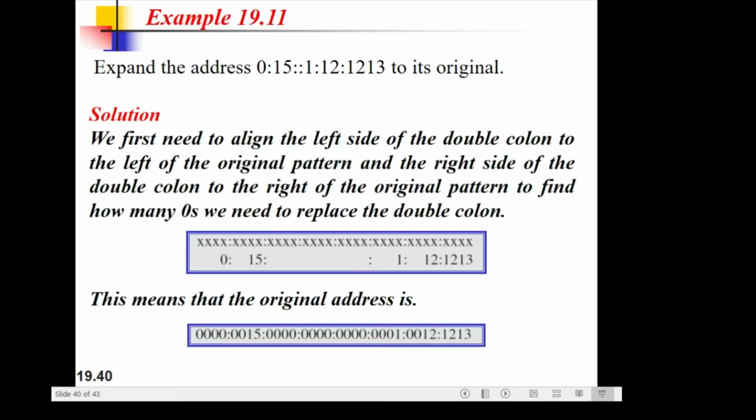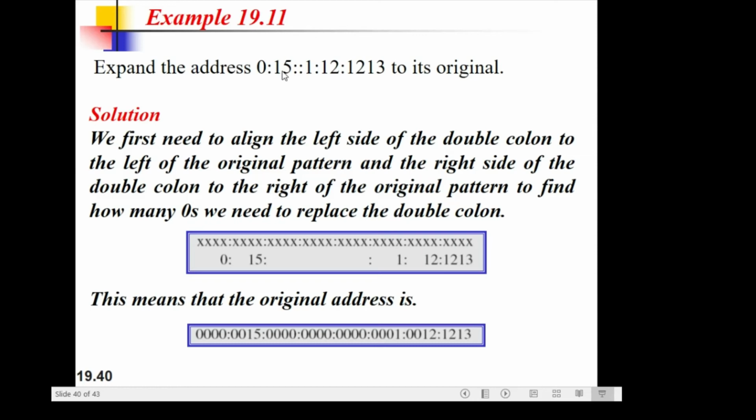Example here: expand the abbreviated address to the original one. Here we have 0, actually we have 0, 0, 0, 0, four zeros at this point.